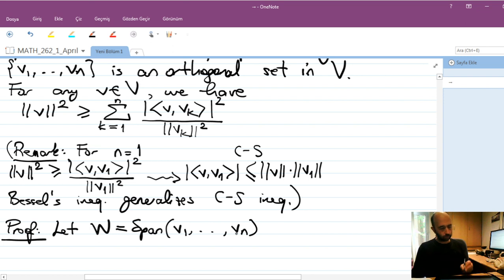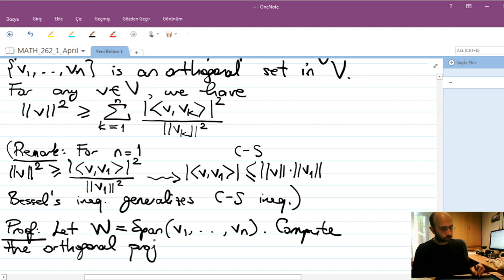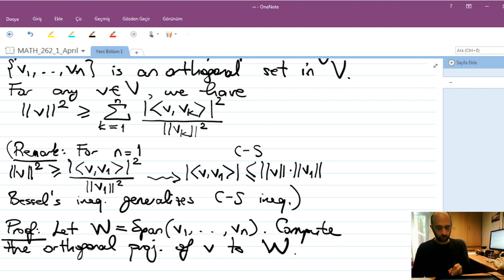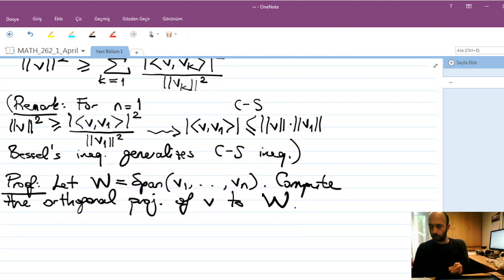Now compute the orthogonal projection of v to W. We know how to do that from the notes, and the upshot is we have a clean formula for it.